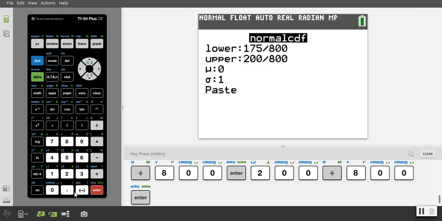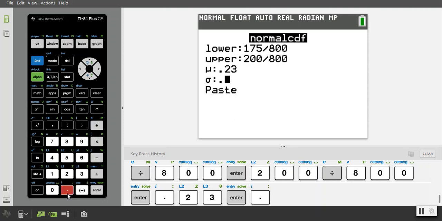The mean was 0.23, the standard deviation was 0.0149, and then we click enter.